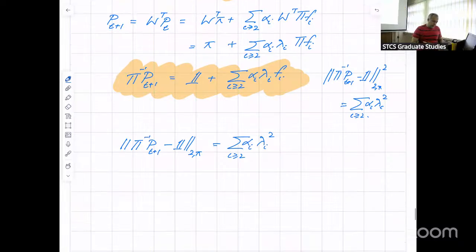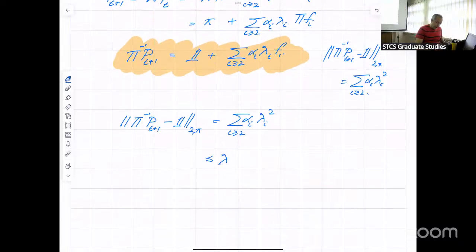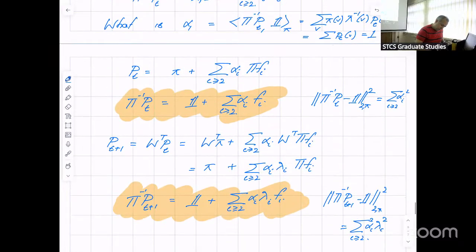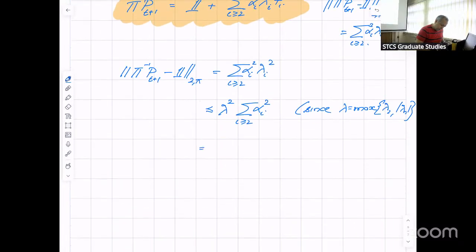So this is certainly less than or equal to lambda squared times the summation, since lambda is defined to be the max of lambda 2 and the absolute value of the last eigenvalue. So it's larger than every other thing in absolute value. Everything is in squares. So this is lambda squared times summation alpha i squared.